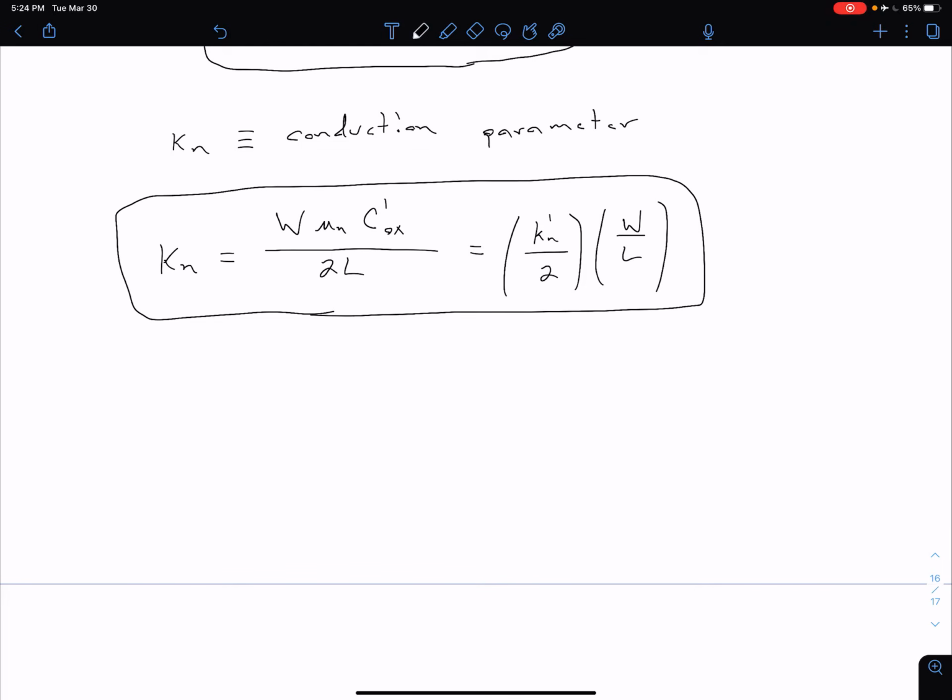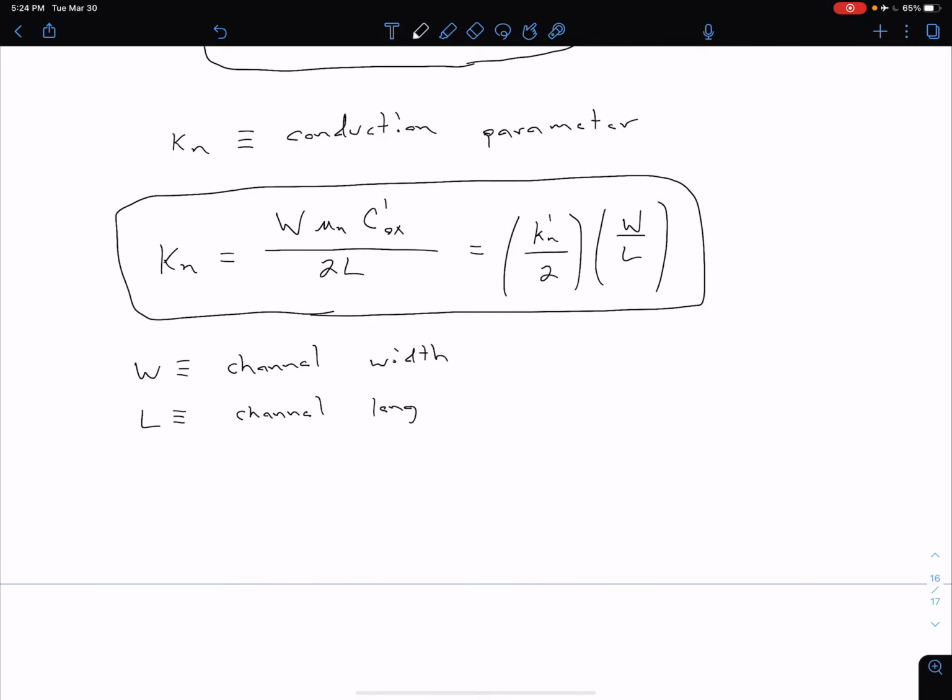Let's start with W. Our W is just our channel width. You can refer back to our figure where we were looking at our MOSFET, but essentially this is the width from the front to the back of the gate. Since we're talking about width, let's talk about that L in the denominator, which is our channel length.